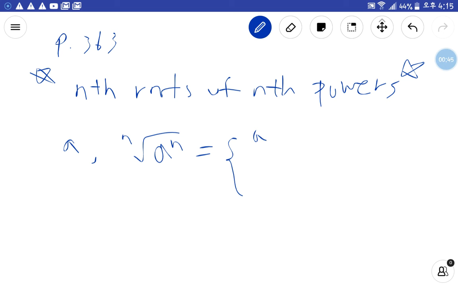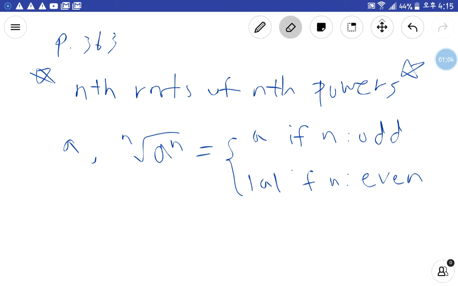If n is odd, it is just a. And if n is even, you need to put the absolute value on it. Why? We practiced already that when n is even, you are going to have a plus or negative, which is both answers coming out.